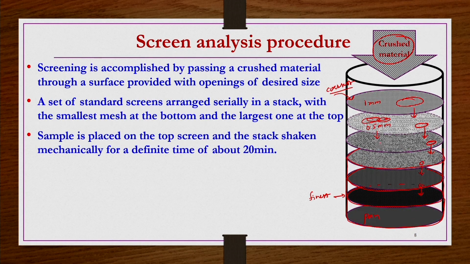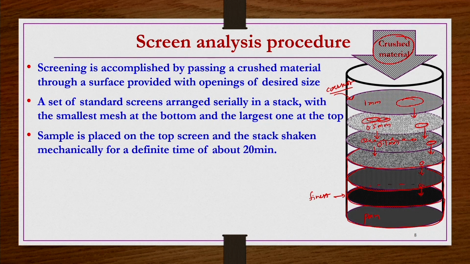Like that, let us say the next screen size is 0.1 mm. When the material comes here while the shaking is going on, material smaller than 0.1 mm will pass through the screen, but material larger than 0.1 mm but smaller than 0.5 mm would be retained on this particular screen.